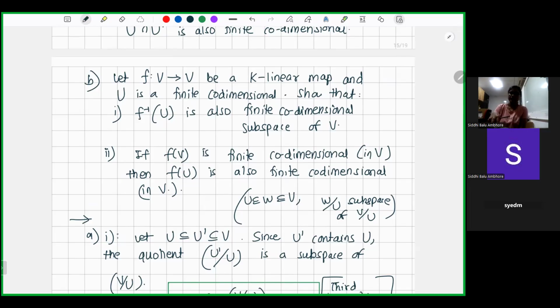And the second part is, if FV is finite codimensional, that is, the image space is finite codimensional, then we have to prove that for a subspace U, FU is a subspace of FV, so that is also finite codimensional. That's what we have to prove.